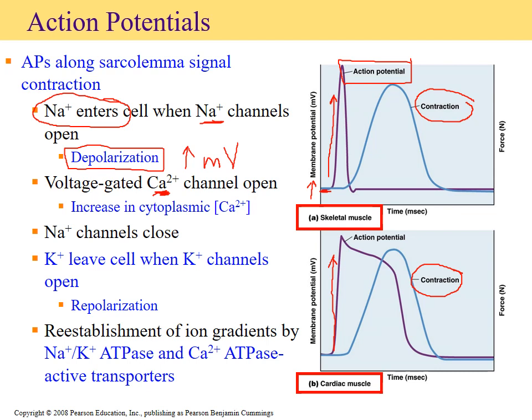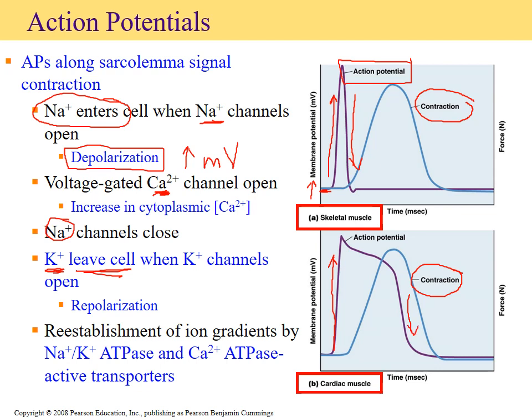Now, there will come a time where it's time to kind of go back to your resting membrane potential. So what we see happening then is that we're going to close off our sodium channels, and we're going to switch over to potassium. And we're going to get potassium to leave the cell. And as potassium is leaving the cell, we see that the membrane potential goes back down to where we originally were.